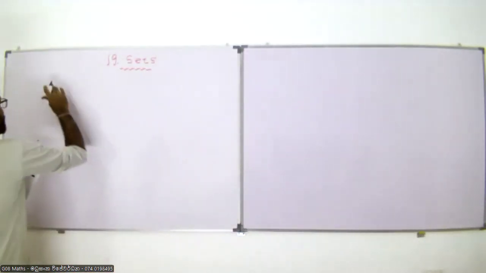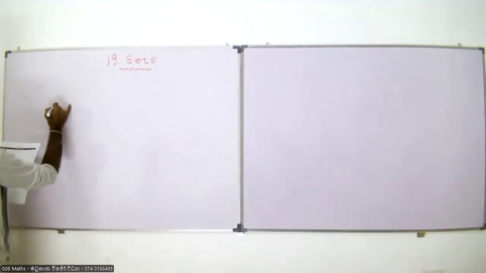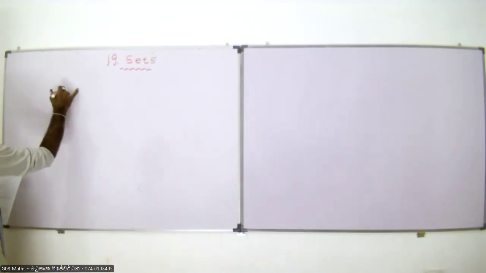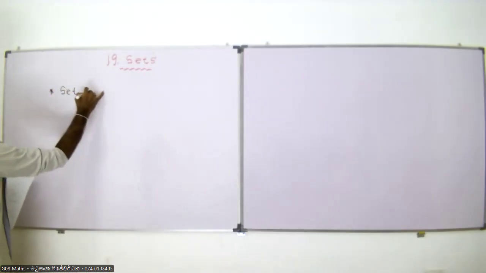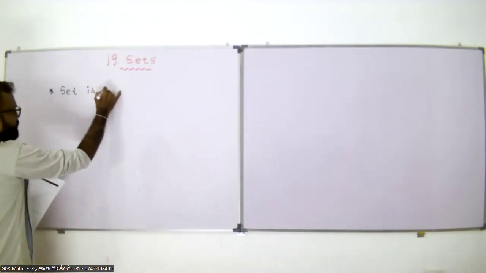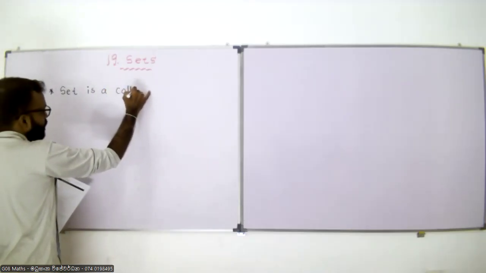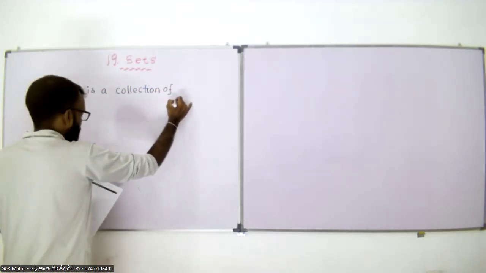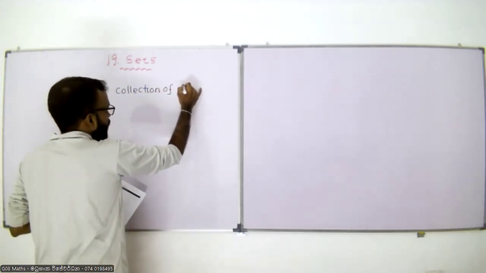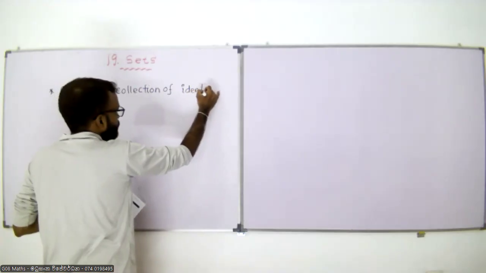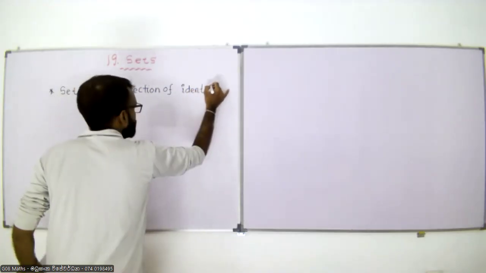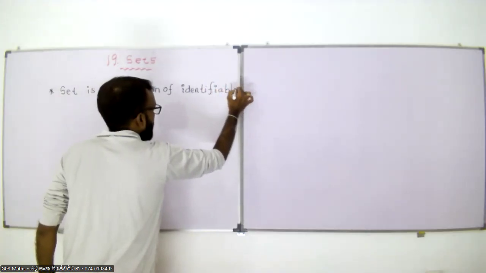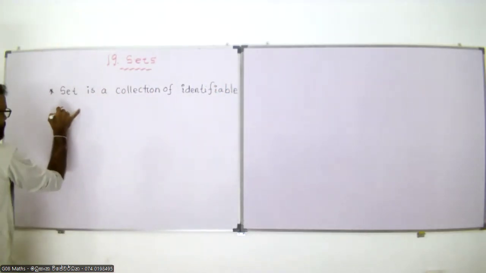So you have what is a set. Please write down: a set is a collection of identifiable objects.